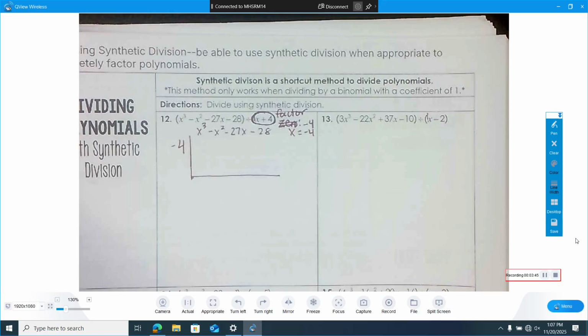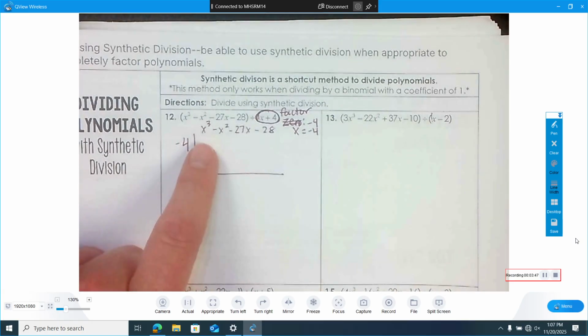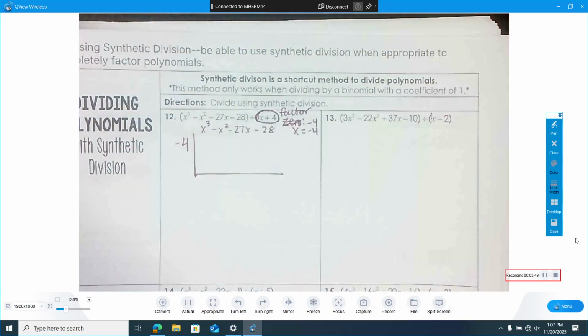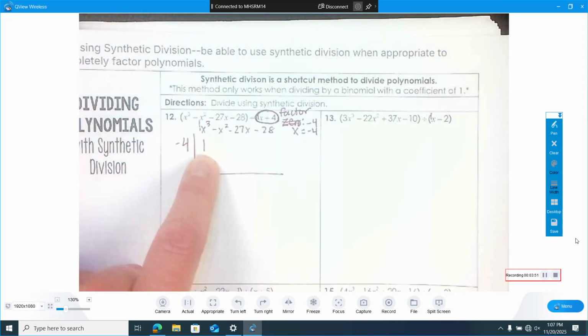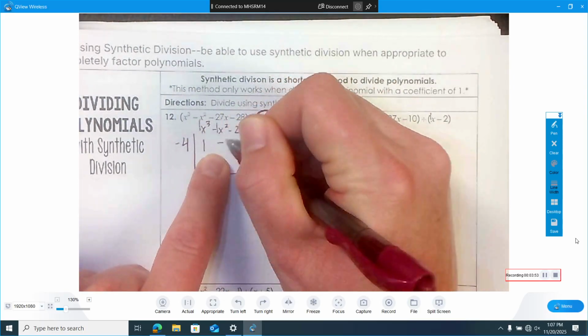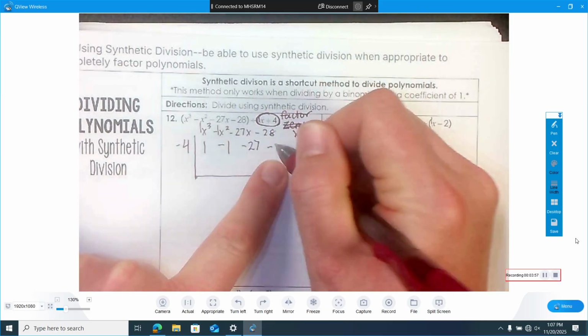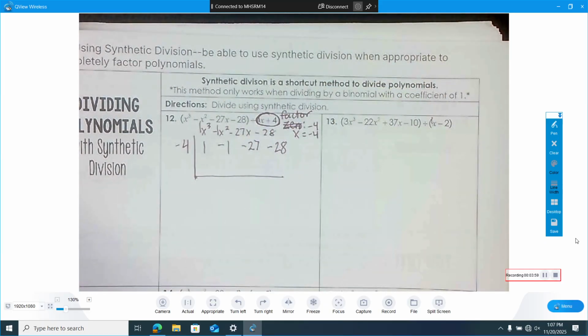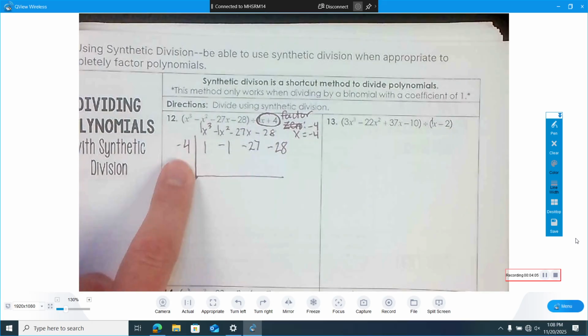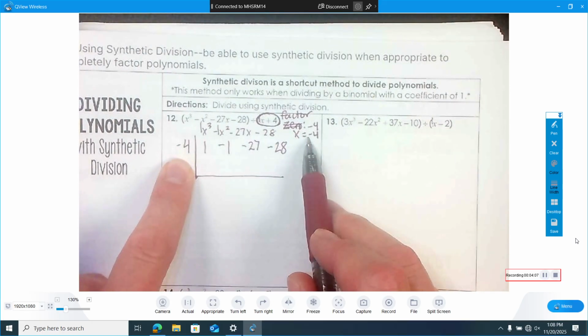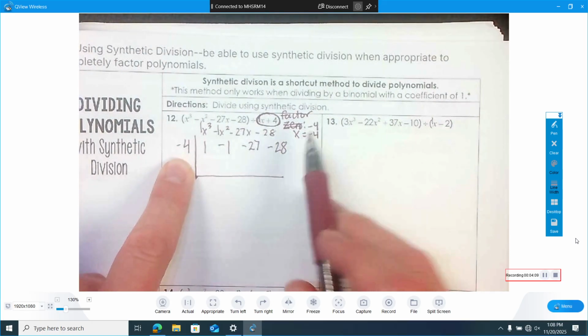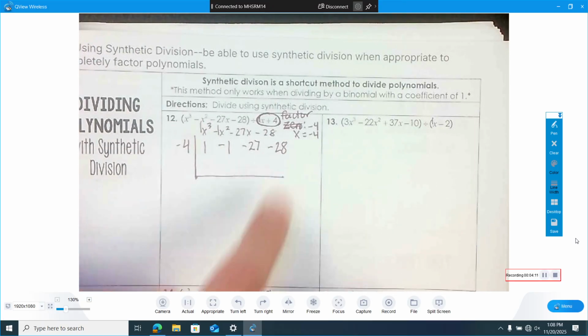So we take just the coefficients: the 1, the negative 1, the negative 27, and the negative 28. On the outside, we use the solution of the bubble. Across the top, we just take the coefficients.